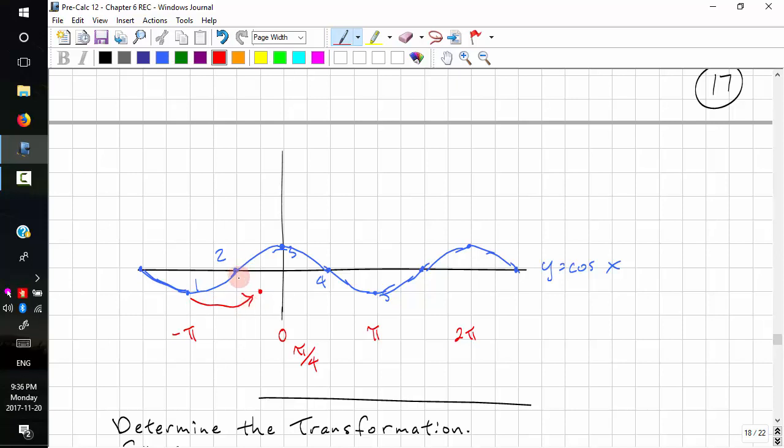Number 2, we have 0 and 2. That's here. So this point is going up to there. And for point 3, we have pi over 4 and 5. And for point 4, we have pi over 2 and 2. And for point 5, we have 3 pi over 4 and negative 1.